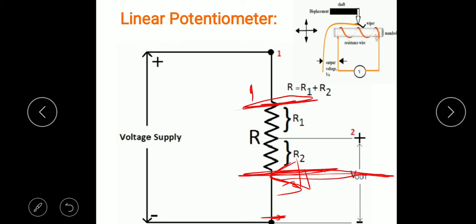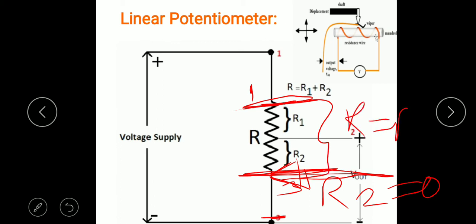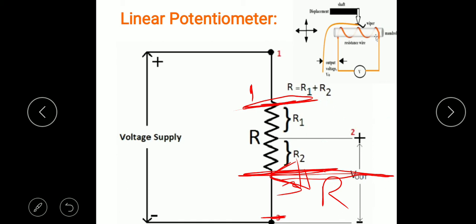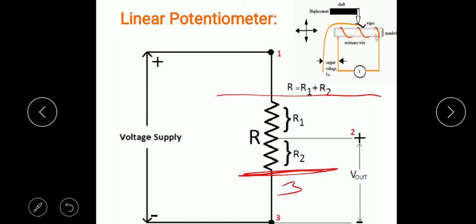The value of R2 will not be there, so the R2 value will be 0 and the whole portion will be R or R1, correct, or R1. And the second case, when the wiper moves to the topmost portion or the 1 position, at this position if the wiper comes, then in that case the resistance present will be R2.